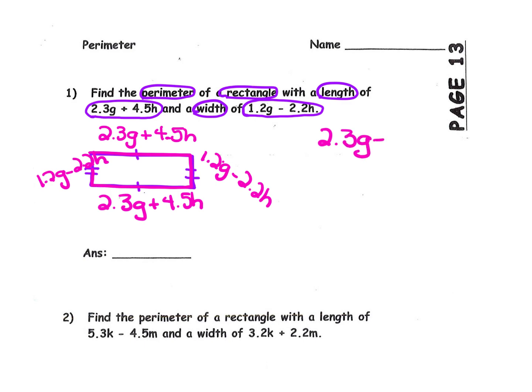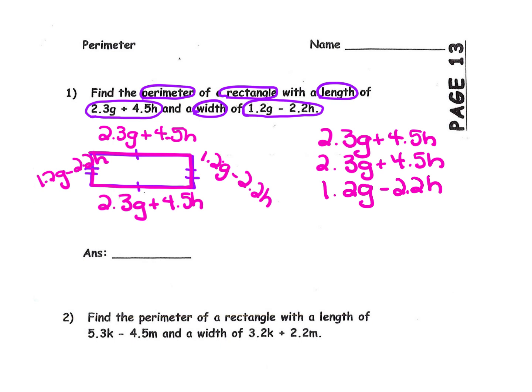2.3 g plus 4.5 h. And now the width. The left side and the right side. Now, as we combine, let's start with our h's.